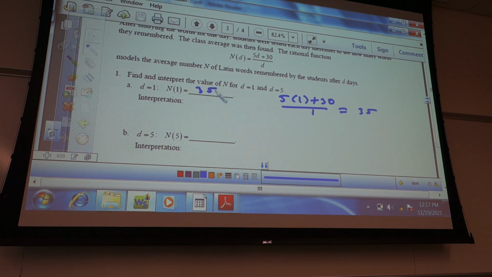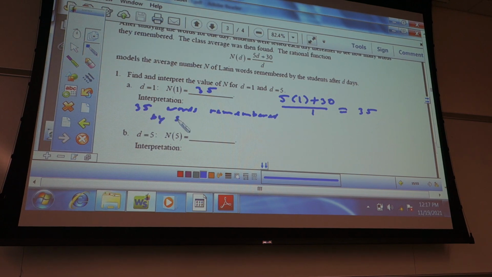Okay, so Shania, what was your interpretation? 35 words remembered by the students in the grade. 35 words remembered by students, like in 1 day, 1 day later. Mm-hmm. 1 day later.